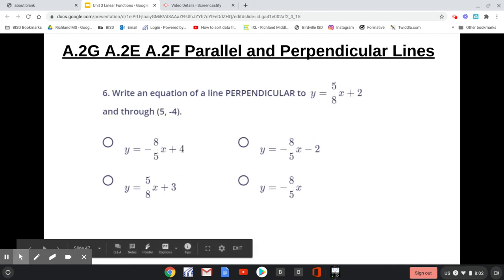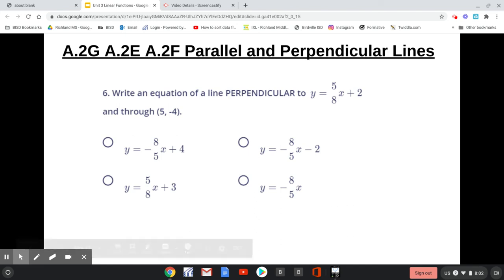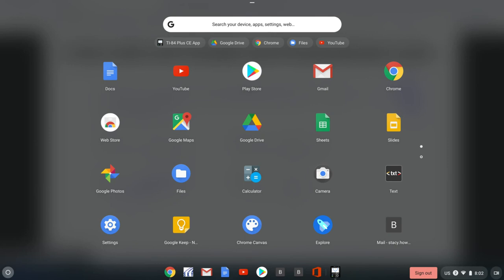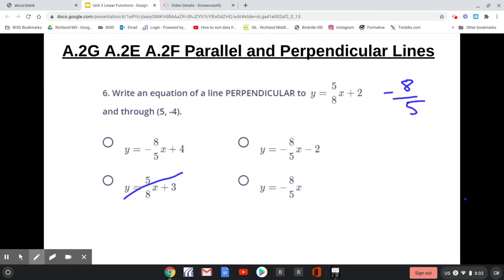Let's look at another one. This one is perpendicular, so our slope will be negative 8/5. And we have quite a few of those, so let's try. That one can't be it. Calculator. There we go.